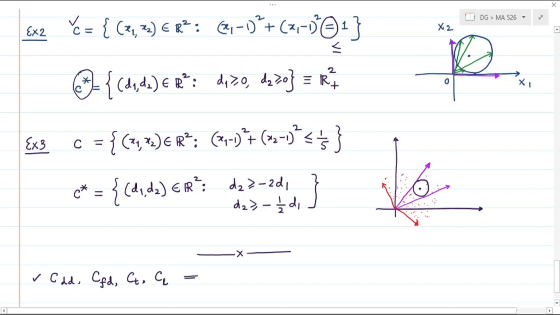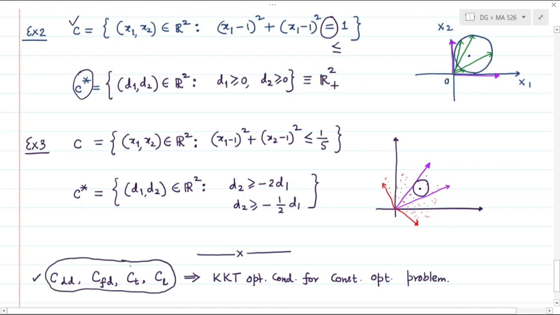Then, with the help of them, we will slowly move towards the KKT necessary optimality condition for constrained optimization problems. On the next day, our endeavor will be a rigorous discussion about these four cones and identification of two geometrical necessary optimality conditions depending on these four cones together with the dual cone that I have discussed today. Well, let me stop here. Thank you.